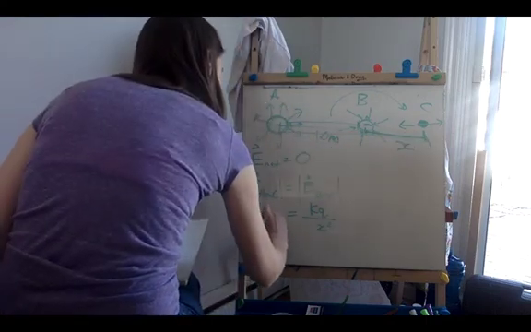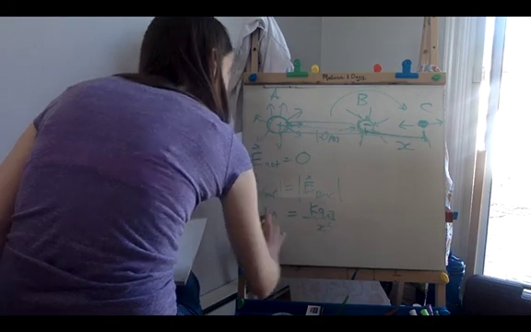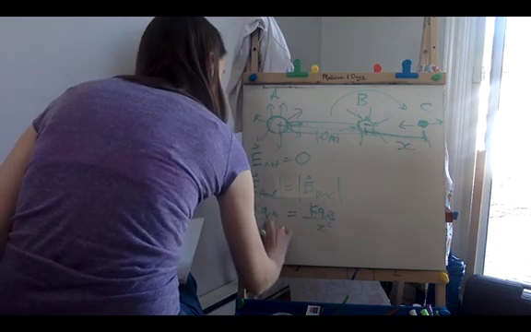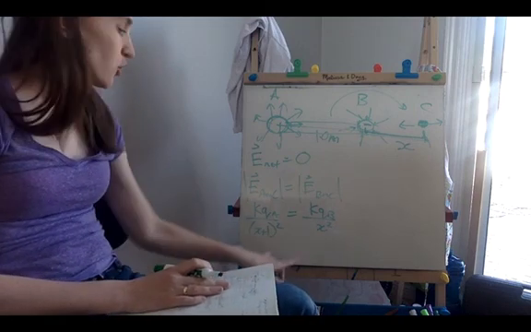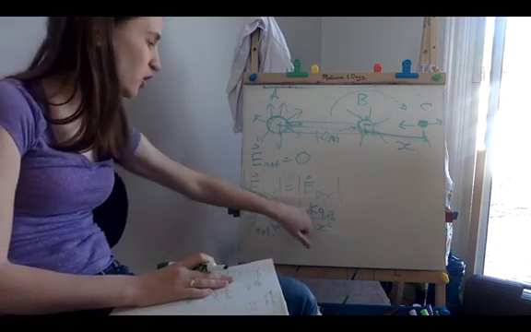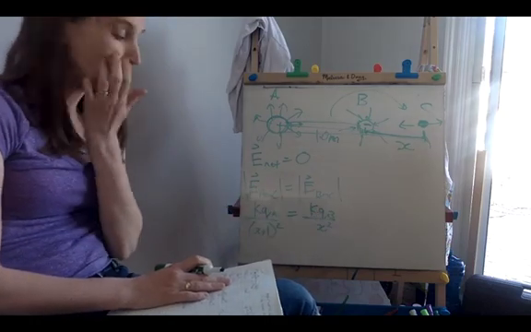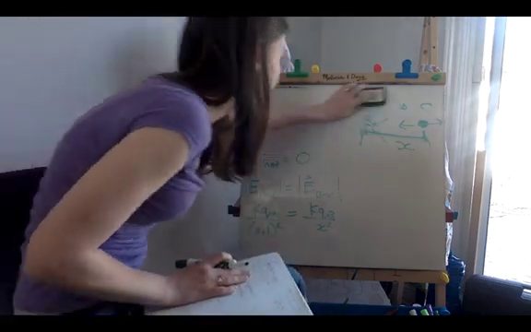So that's QA, that's QB, and this is now going to be x plus 1 squared. Now we can solve for x, because these are your constants and you know these charges. So let's get into that.